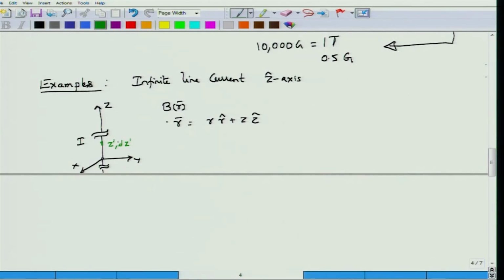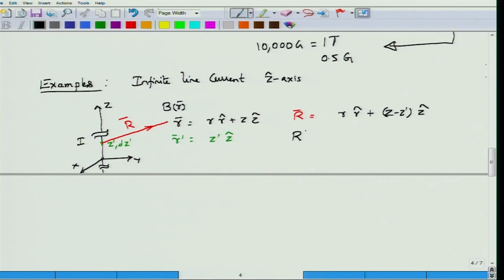So the current element here will be given by I dz prime, and the source point is located at z prime z hat. Clearly the vector R, directed from the current element to the field point, is given by r minus r prime, and it will be equal to r r hat plus z minus z prime into z hat.